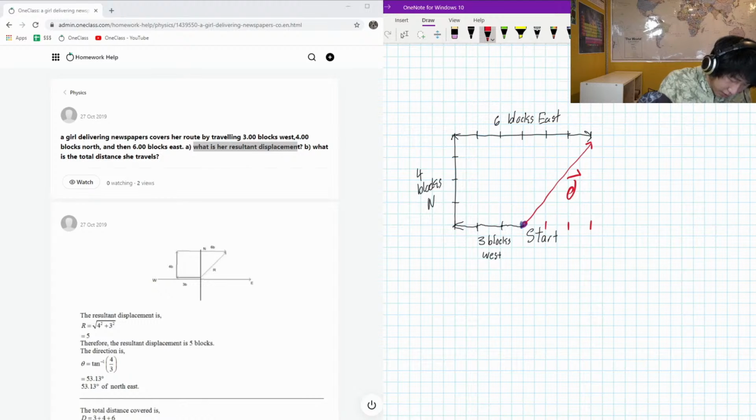And our diagram perfectly lines up with that. So our x component of our displacement is 3 blocks. And our vertical component of it is, well, she traveled 4 blocks north and never traveled south.